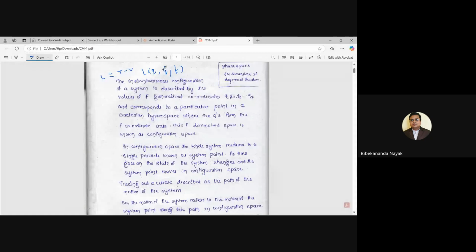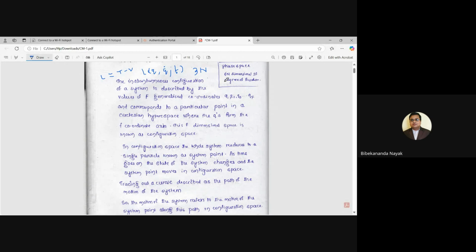For a system of n particles, there are 3n position coordinates: 3 for one particle, x, y, z, and for the second particle again x, y, z. So n particles have 3n degrees of freedom, or 3n q coordinates, and correspondingly 3n momentum coordinates. If you add the 3n position coordinates with the 3n momentum coordinates, we have a 6n dimensional space, known as phase space, the space of q and p, position and momentum.